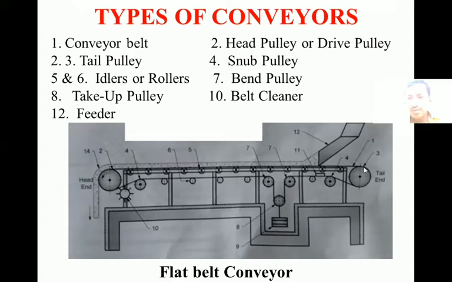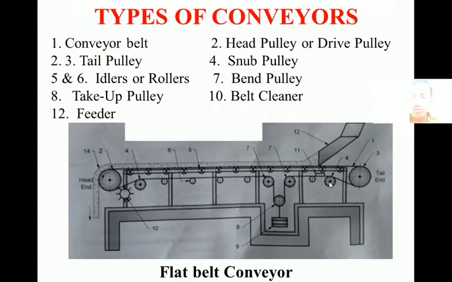Next is the tail pulley. Afterwards is the snub pulley. The fourth pulley, you can see, here is one pulley and here is one pulley; these are called snub pulleys.